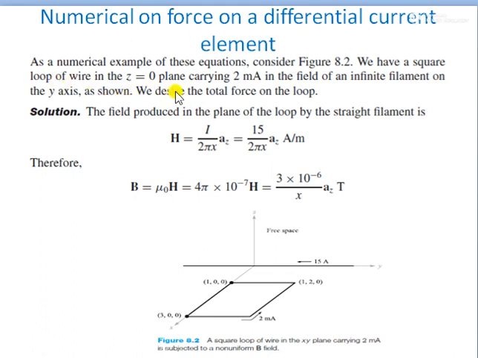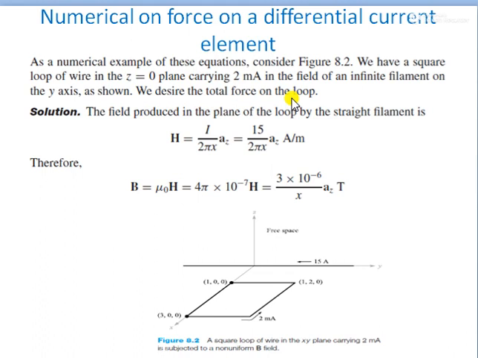We desire the total force on the loop. This is the problem statement, where the wire is in the z is equal to 0 plane, carrying 2 milliamperes in a field of an infinite filament on the y-axis. We desire the total force on the loop.